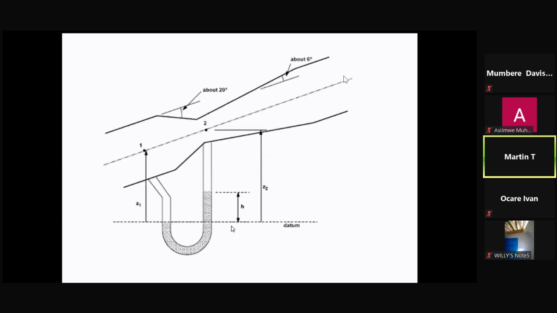Let's look at it this way. How do you measure the pressure difference? The pressure difference can be measured using a manometer. You can connect a manometer at point A, before you start reducing the cross-section of flow, at point 1, and also at point 2.